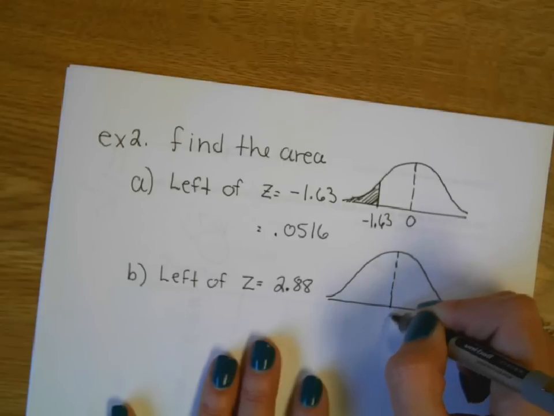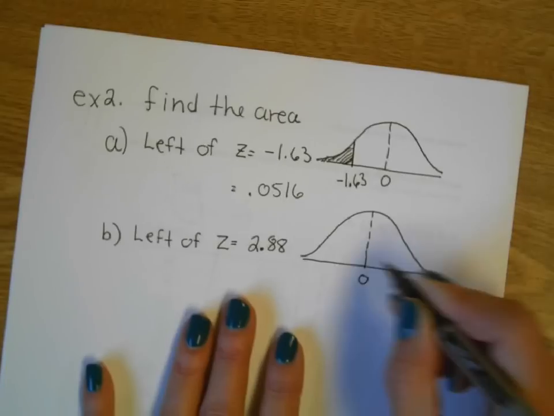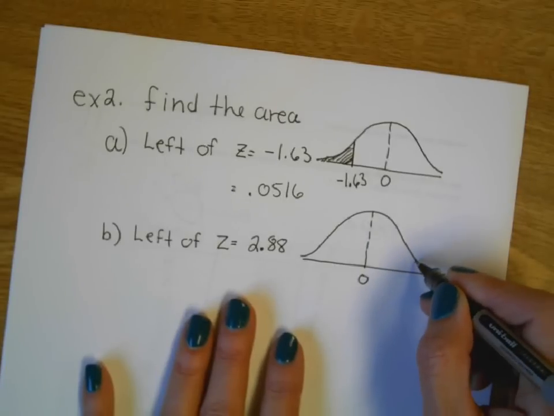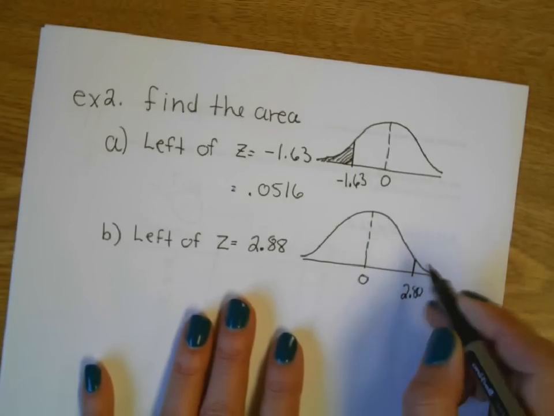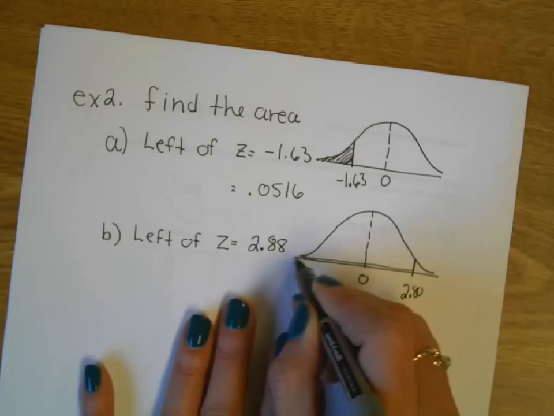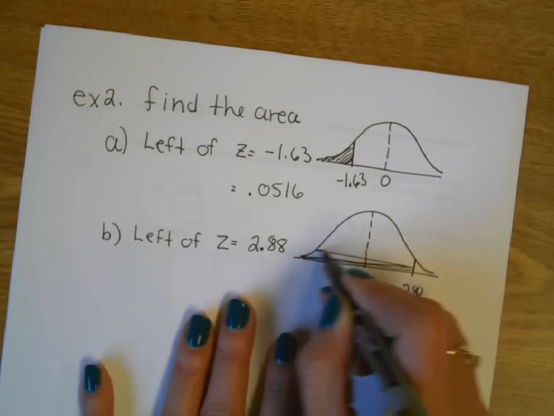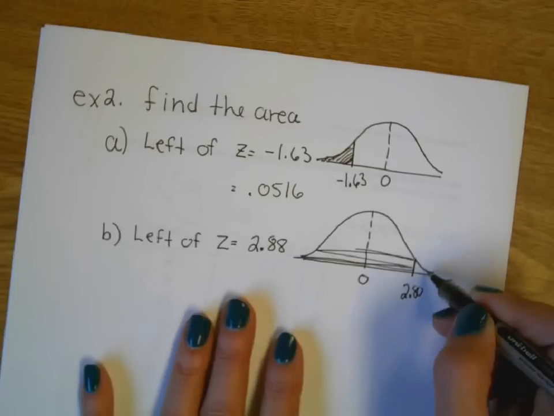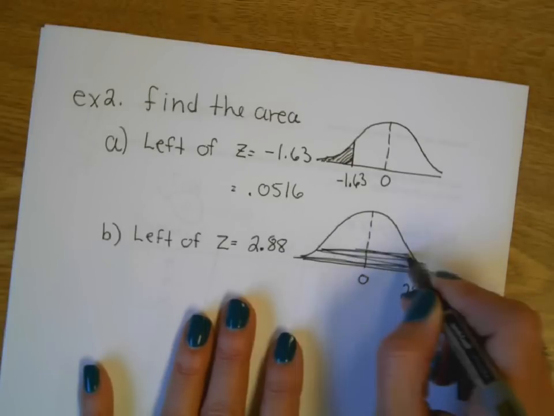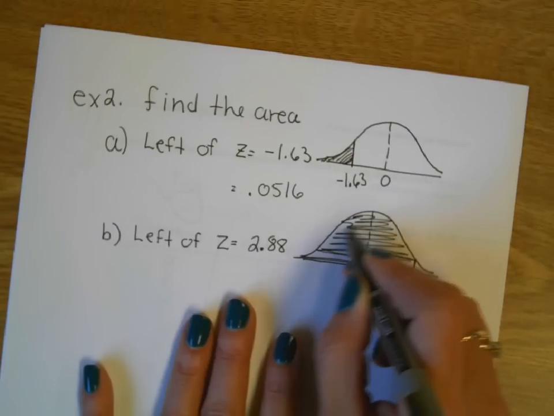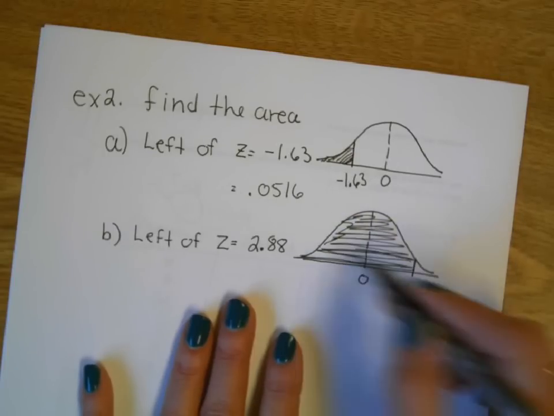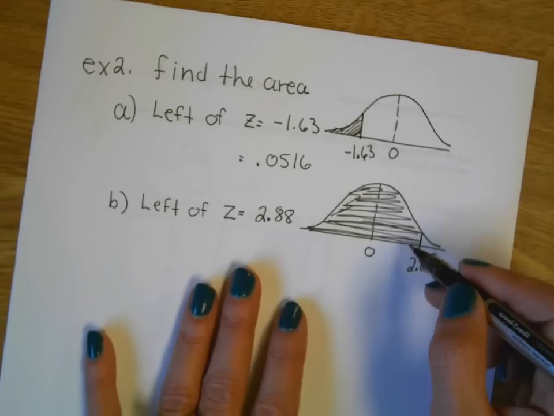Where is 2.88 at? It'd be way out here to the right, almost 3 standard deviations out. And I want the area to the left of it, so I'm looking for all this. It's an estimate. Just know that 3 hits right about here where it starts to tail down. Remember it's only 1, 2, and 3 out to where it really gets close. I have most of the graph shaded. This better be a high, high area.